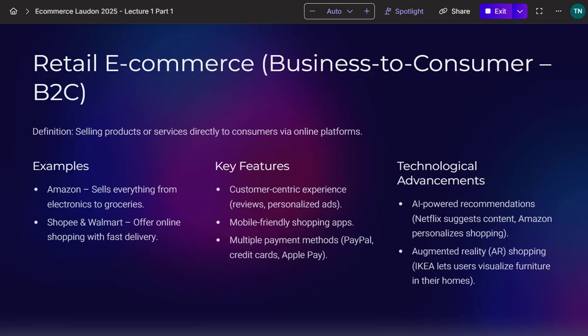B2C commerce has some technological advancements, including AI-powered recommendations, like Netflix suggesting content and Amazon personalizing shopping, and augmented reality, or AR, shopping. For example, IKEA lets users visualize the furniture in their homes.